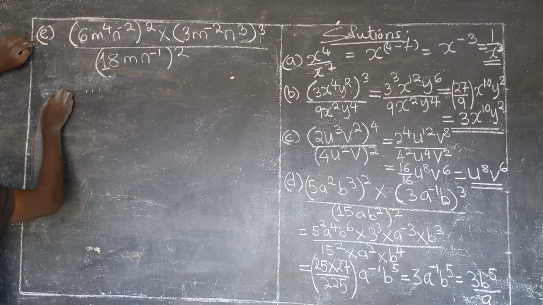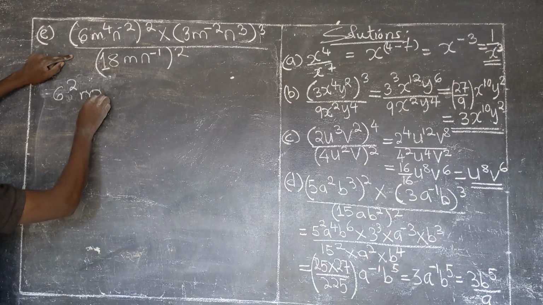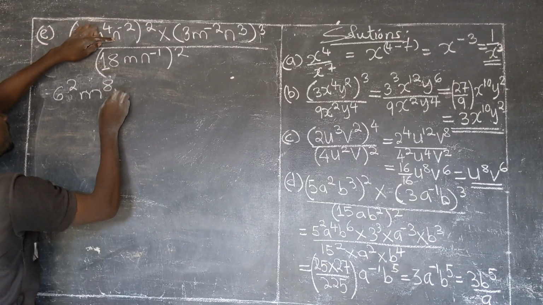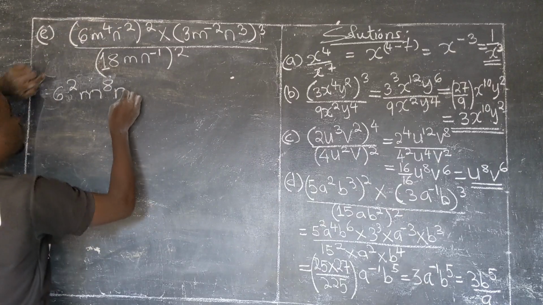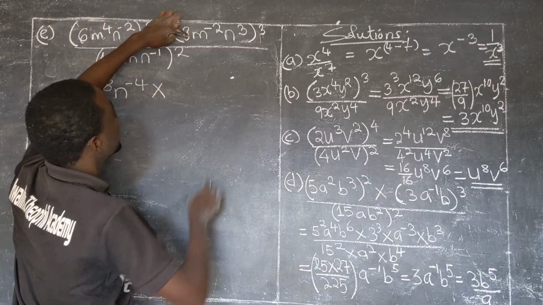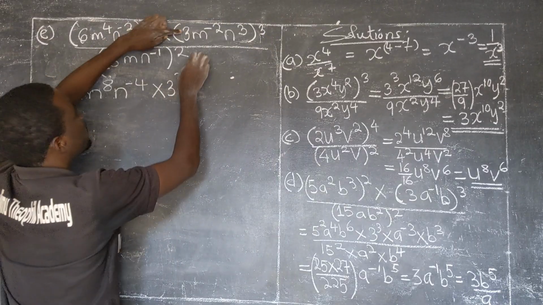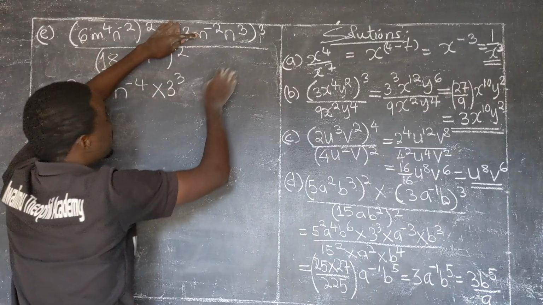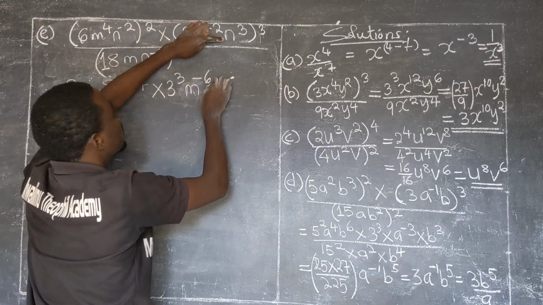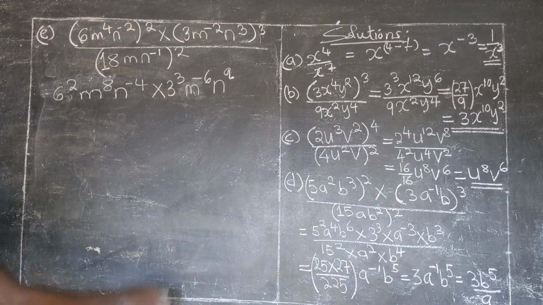Now this 6 becomes 6 raised to 2 times m raised to 4 times 2, m raised to 8 times n raised to negative 2 times 2, negative 4 times 3 raised to 3 times m raised to negative 2 times 3, which is m raised to negative 6 times n raised to 3 times 3, n raised to 9. This way.